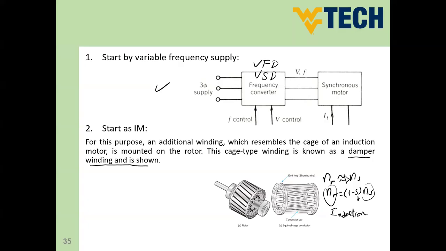If you didn't connect the field winding, the machine is going to work just as an induction motor, not as a synchronous motor. Okay. And again, regarding how the induction motor works or starts, this will be discussed in more depth in the next topic. Okay.